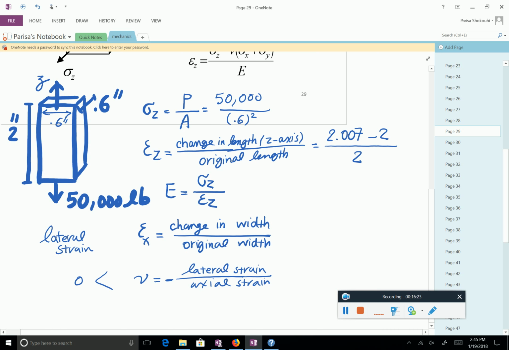So if you got something which is not in that range, probably something is very wrong.